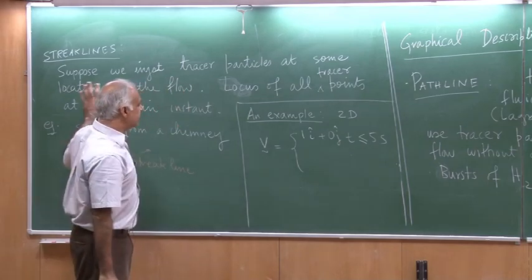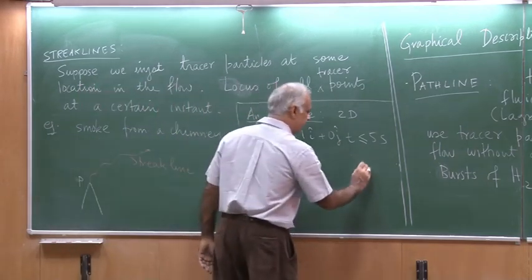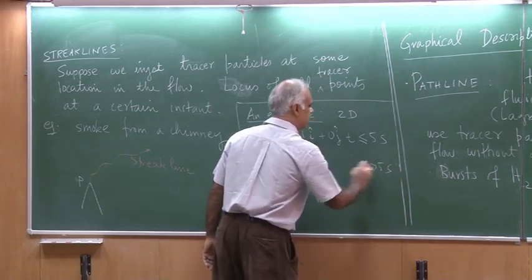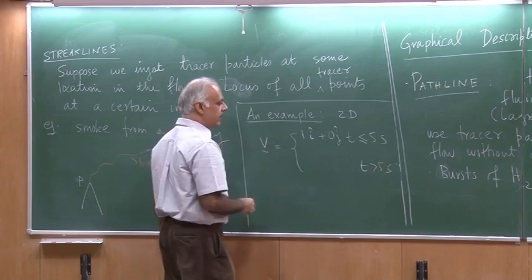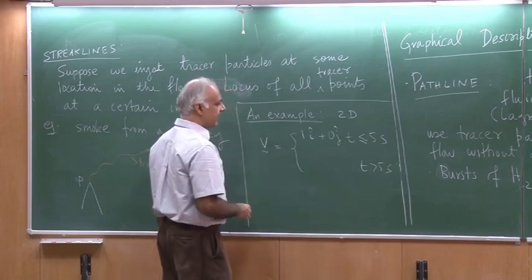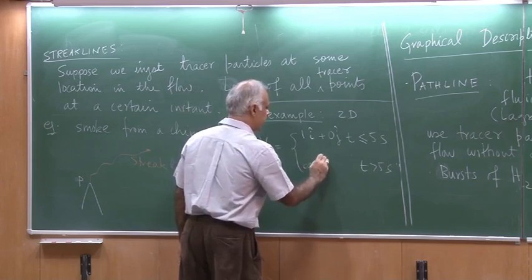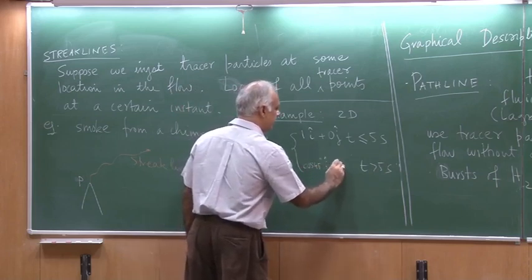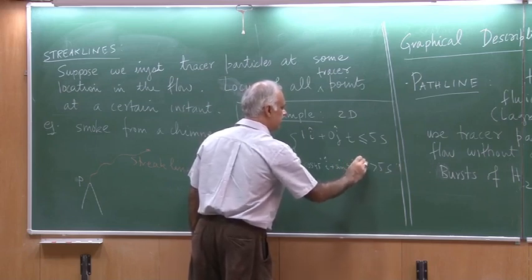So I have just velocity along the x direction everywhere. And then for t greater than 5 seconds, let's say I still have the magnitude as 1, but now it is at an angle of 45 degrees. So I would say cos 45 degrees i plus sin 45 degrees j.